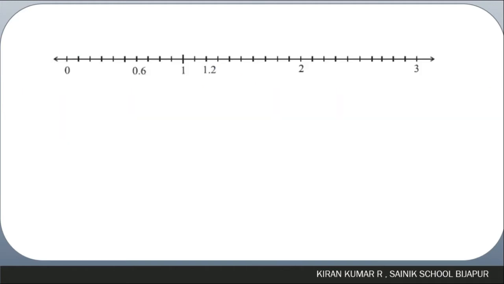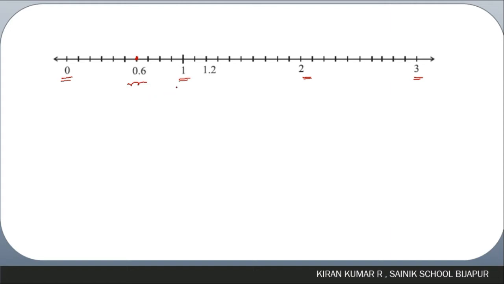Suppose I consider a number line, here the numbers 0, 1, 2, 3 are whole numbers. When I divide the distance between 0 to 1, 1 to 2, 2 to 3 into 10 equal parts, the sixth part starting from 0 will represent 0.6.